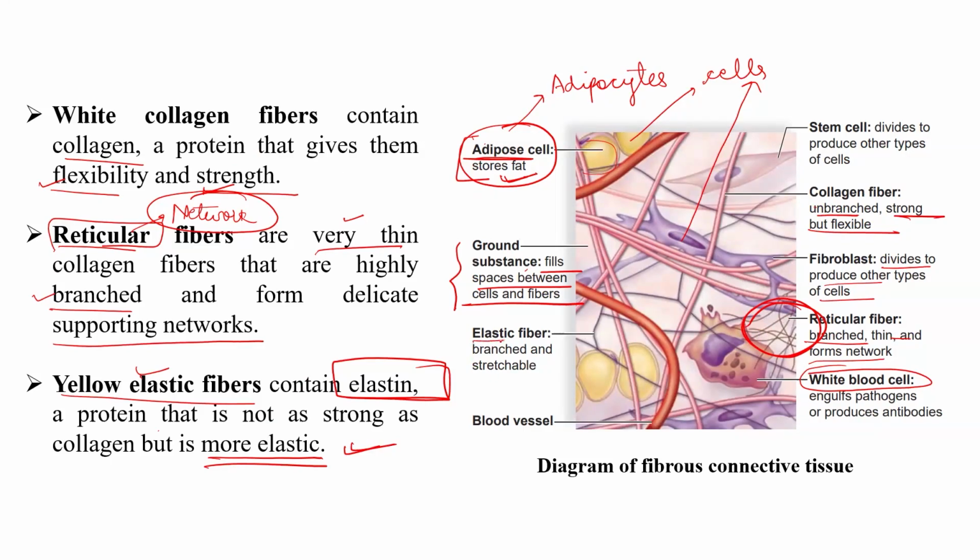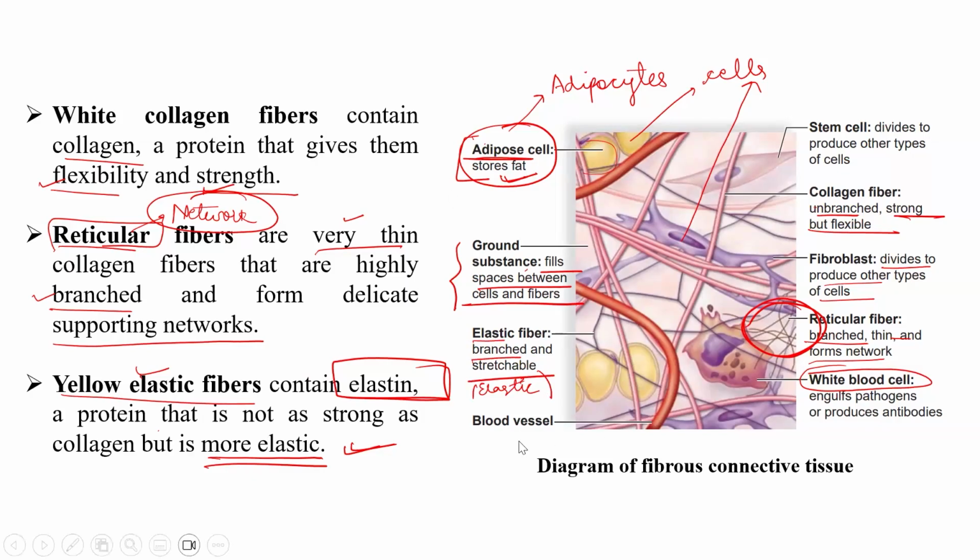Then we have elastic fibers, which are also branched and stretchable. They are more elastic than the collagen or reticular fibers, and they provide elasticity to the tissue because they are stretchable and branched.